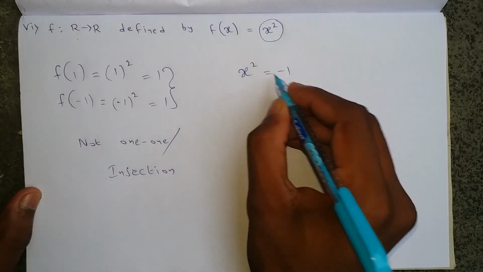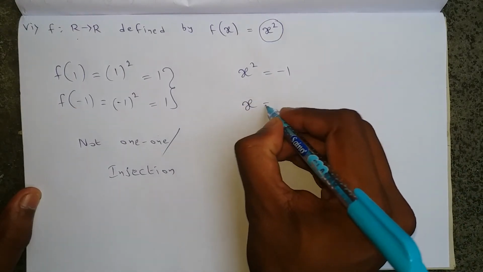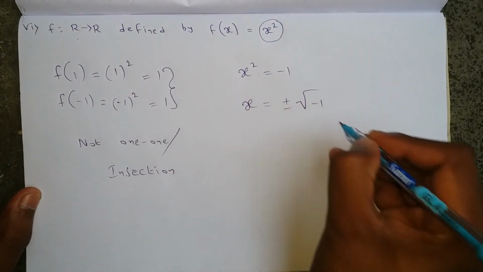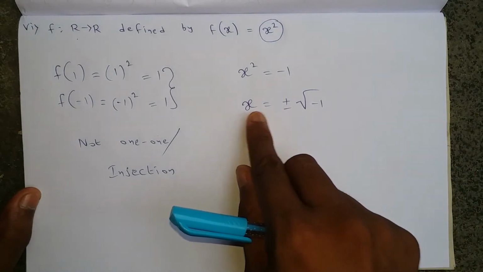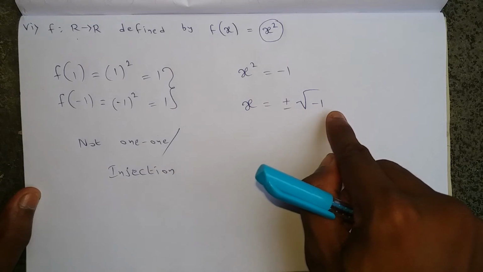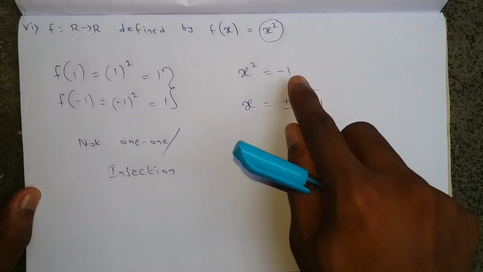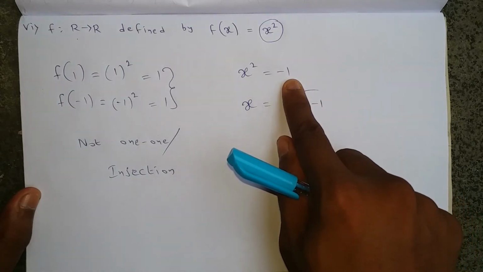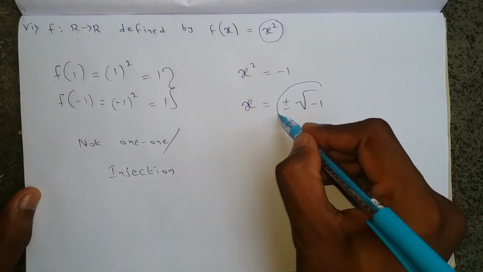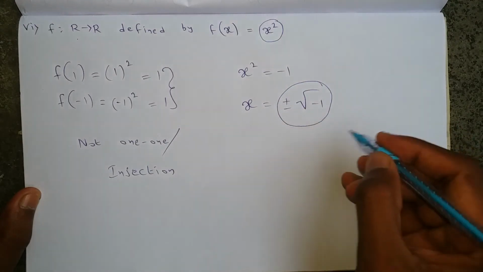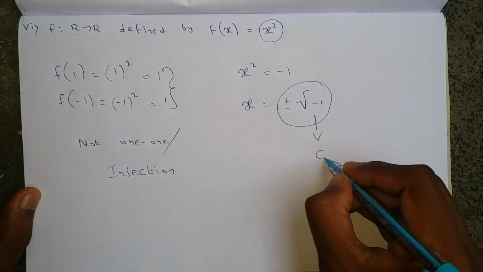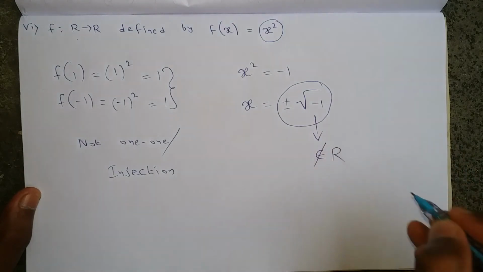Now x square value is minus 1 means x value will be plus or minus under root minus 1. So it means in the place of x, if I substitute plus or minus under root minus 1, I will get the answer minus 1. Now if we observe this number, under root minus 1 is not a real number at all.